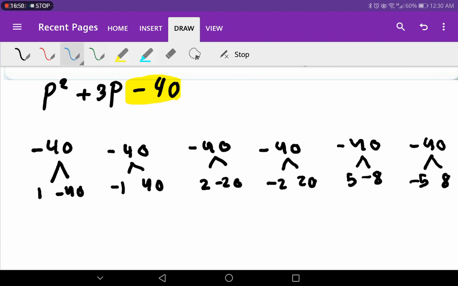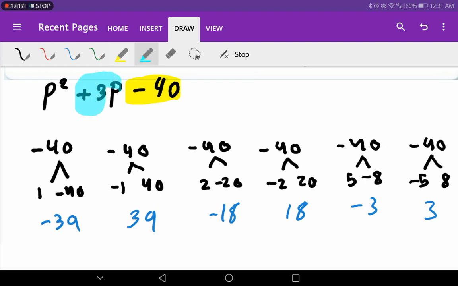The sums of these are negative 39, and here it is 39, here negative 18, here 18, here negative 3, and here 3. Now the middle term determines which one is the right answer.